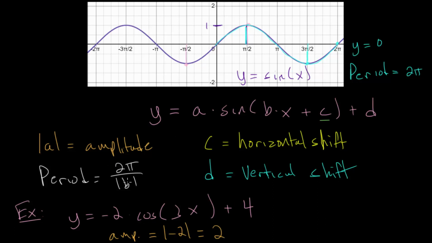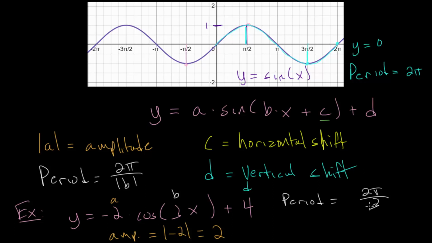Now, dealing with period, we have our b value. This is a, this is b, and our d value is 4. But when dealing with period, we take this value and we put it in the denominator for this fraction here. So we have that the period is 2 pi over the absolute value of b, but b is a positive number. So our period is 2 pi over 3.